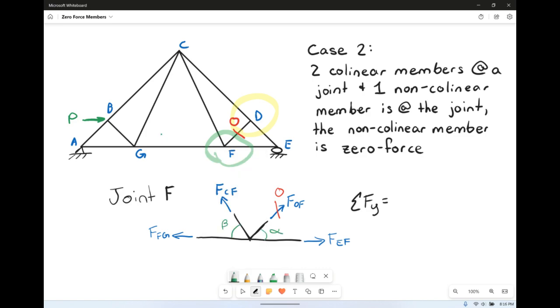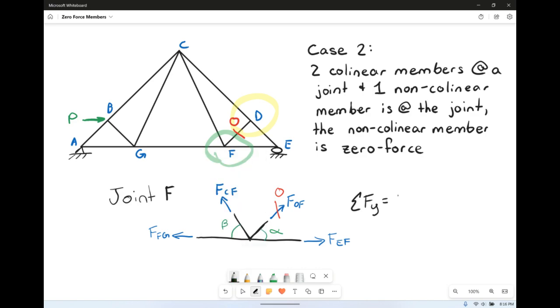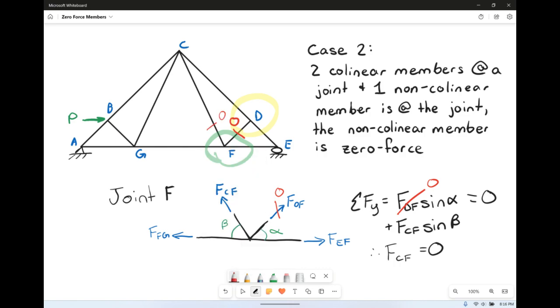Maybe that's beta and maybe that's alpha. But anyway, we have force DF times the sine of alpha, who again, we said force DF was 0. And we have force CF times the sine of beta, all of that equal to 0. So if DF is equal to 0, then that makes force CF equal to 0. So he's also a 0 force member.